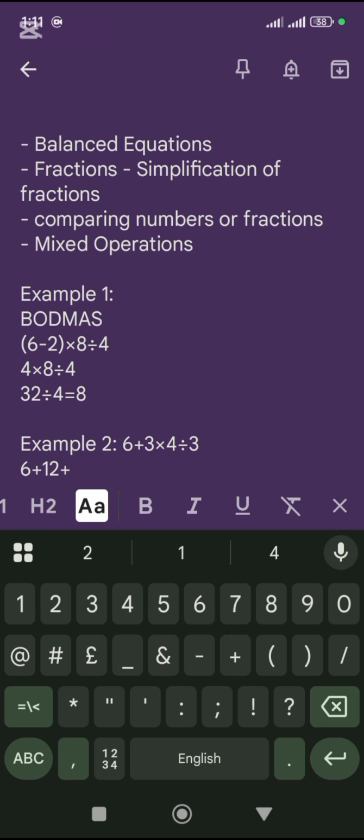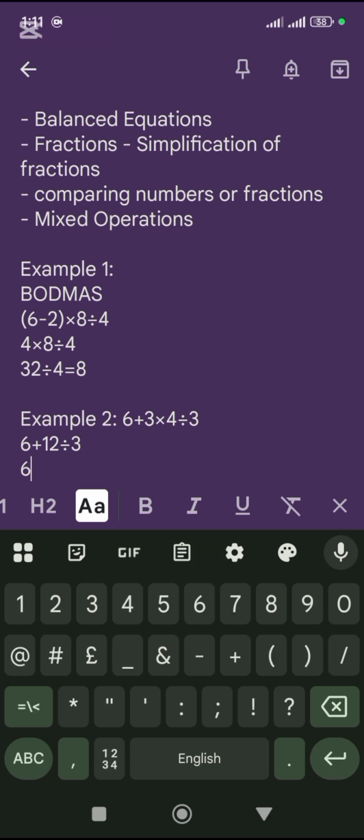Divide by 3. Okay. And so that I can have 6 plus 12 divided by 3 is 4. And 6 plus 4 is equals to 10. And this becomes my answer.